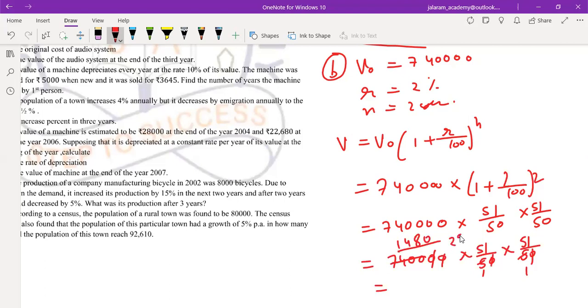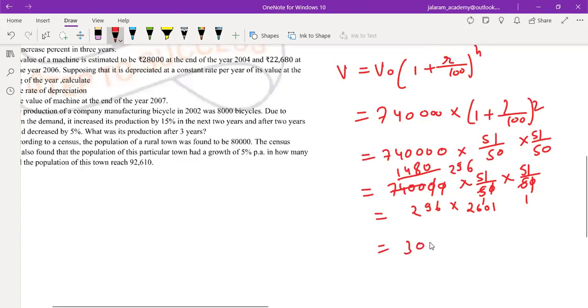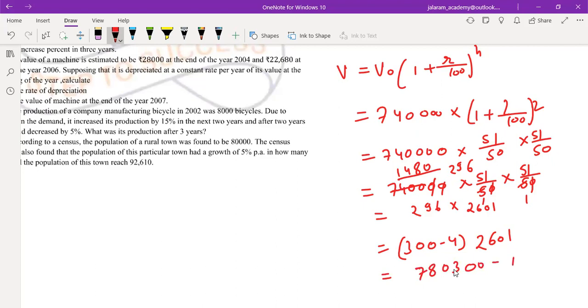The double of 148 is 296, and then 296 into 51 square, which is 2601. Now multiply it to get the answer. 300 minus 4 into 2601. 26 3s are 78. 1 3s are 3, 00 minus 104, 04. So subtract, sorry, from the last. 4, 0, 4, 0.